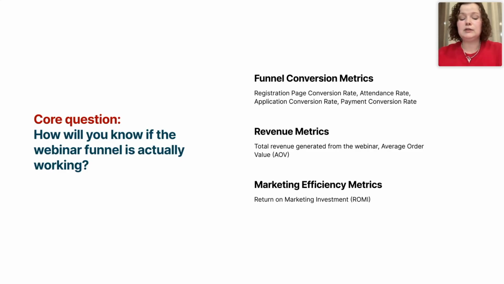And also, a very important part is marketing efficiency metrics. I'm talking about ROMI. And of course, you probably know that ROMI should be more than 100%. But when we talk about a webinar funnel, I would plan for a ROMI of at least 400%. So your revenue should be four times better than your marketing budget.